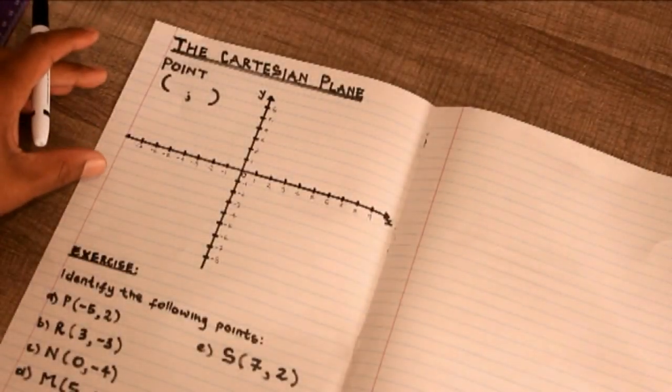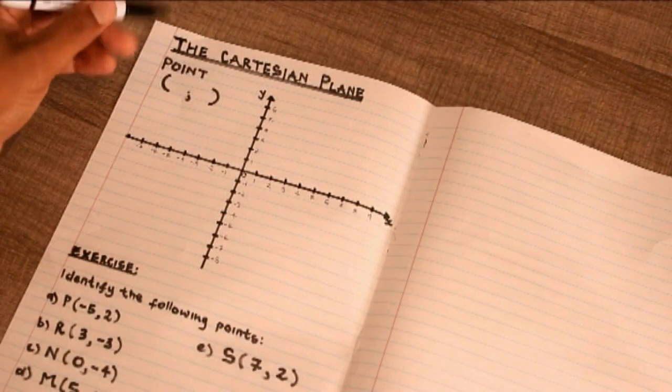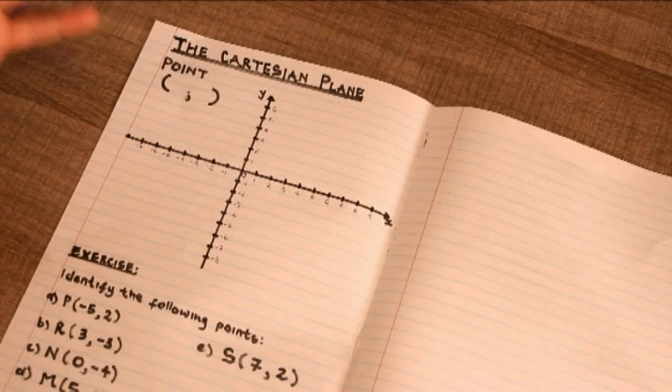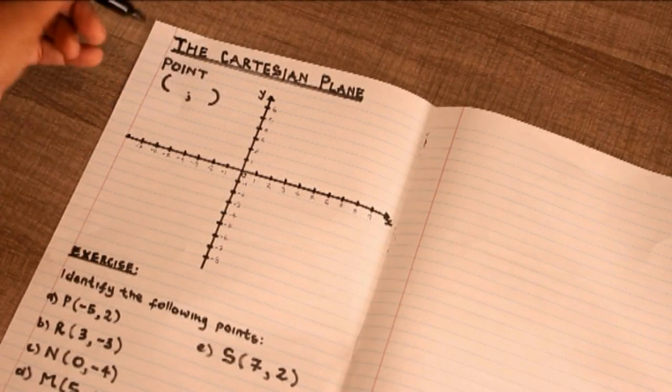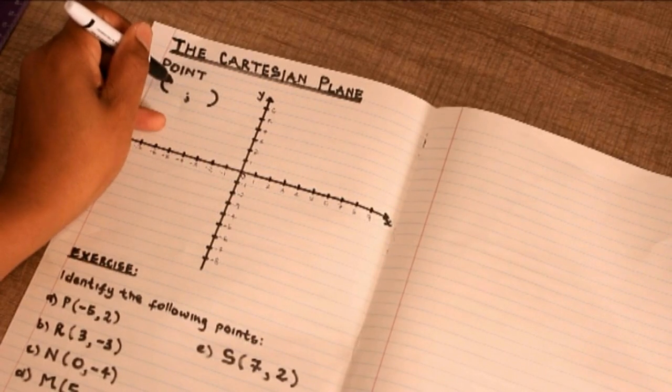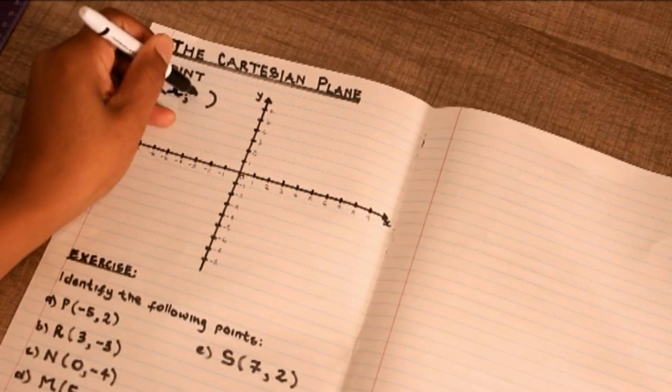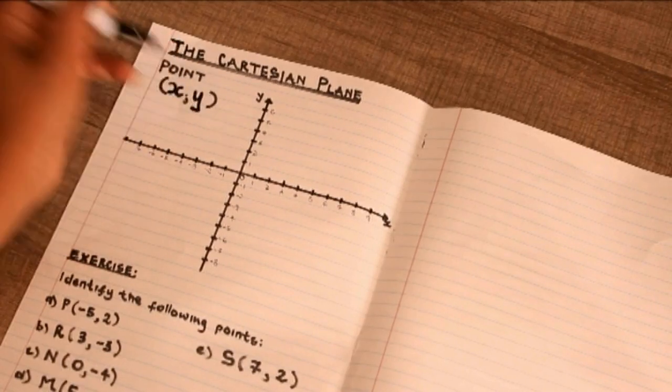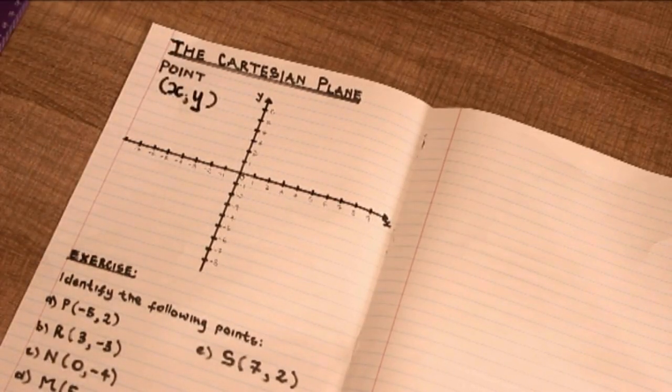It's normally called the XY plane. Why do we call it the XY plane? Because any point on this Cartesian plane needs us to identify the value of X and the value of Y.